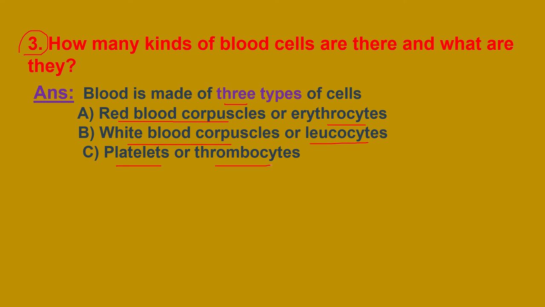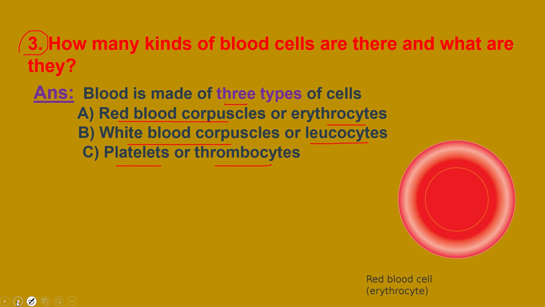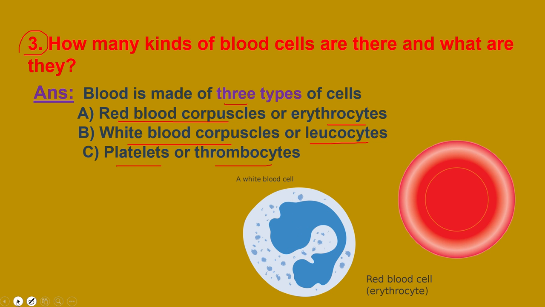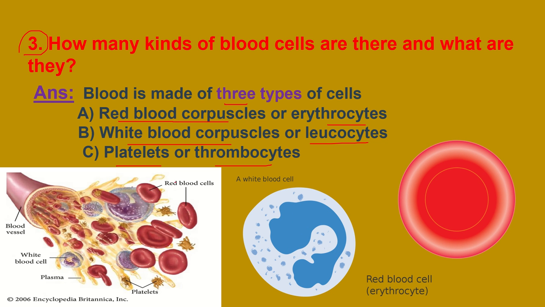And platelets, or thrombocytes. That is the small question. If you see here, these are the red blood cells, and white blood cells. This is a red blood cell, platelet here, and here is a white blood cell.